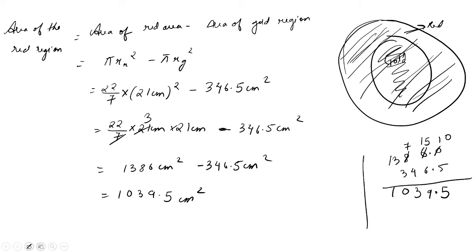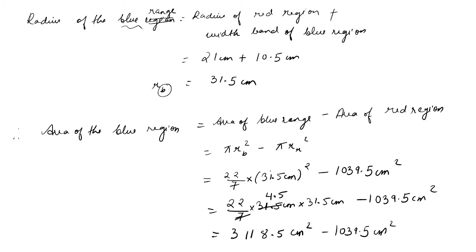The blue region would be 21 plus 10.5, so 3118.5 centimeters square. 10.5, this is 31.5, right?